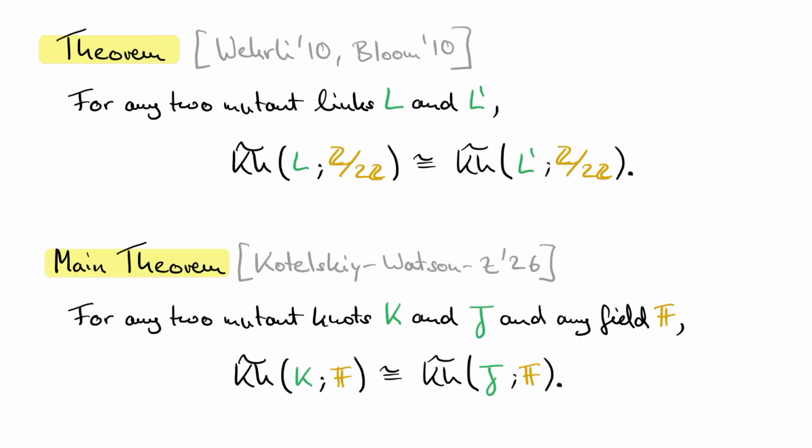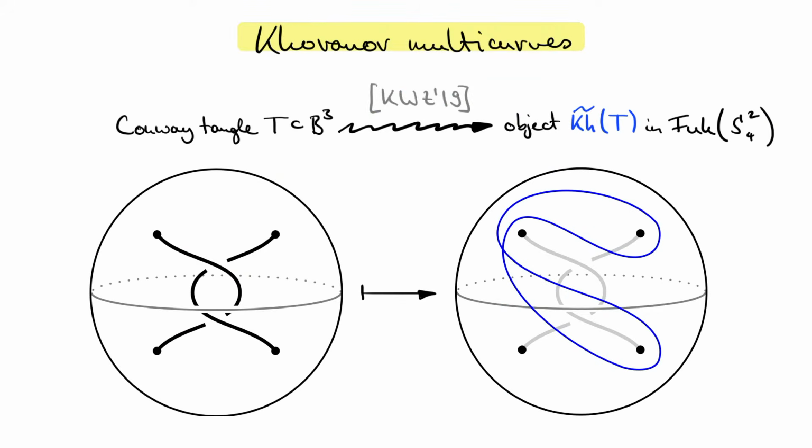But I guess my answer to why I care about this is that I care about the technology that goes into the proof of this theorem. And the technology is the theory of Khovanov multicurves. There's an invariant that I defined together with Liam Watson, who's here, and Artem Kalinin, and it takes this particular form.